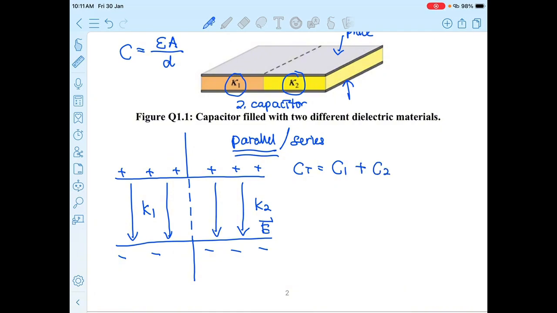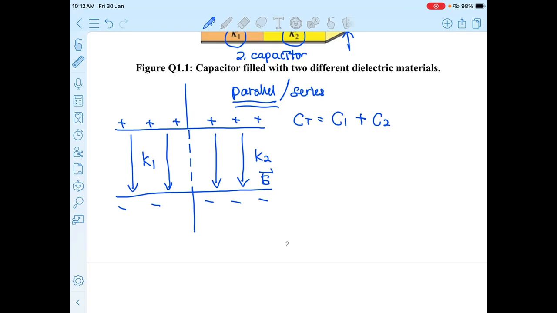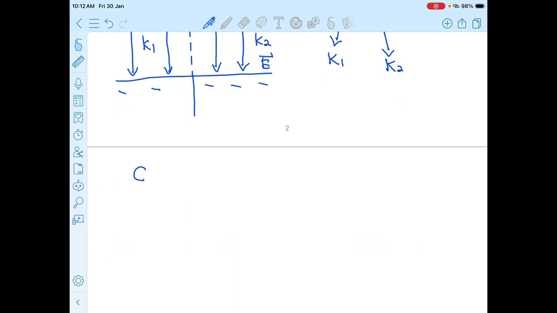Very straightforward. We look at C1, which is for K1, and C2 is for K2. C1 is equal to epsilon 1 A1 over D. Epsilon 1 is equal to epsilon R1 multiplied by epsilon naught. You must remember, don't miss this epsilon naught. Epsilon R1 is 2.5.